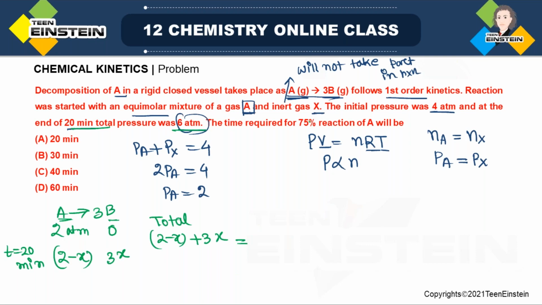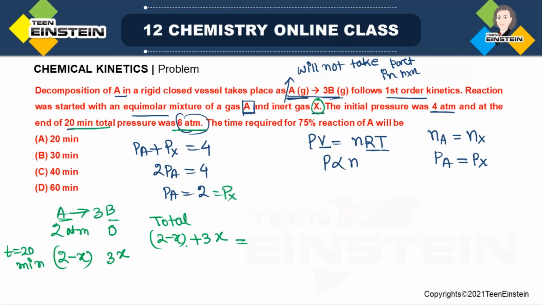But we have to be careful because X is not taking part in reaction. So it will be present intact before reaction and also after reaction. So this value 6 atmosphere that you are seeing is actually the pressure of A plus B as well as X. And X pressure we know is also 2 atmosphere.